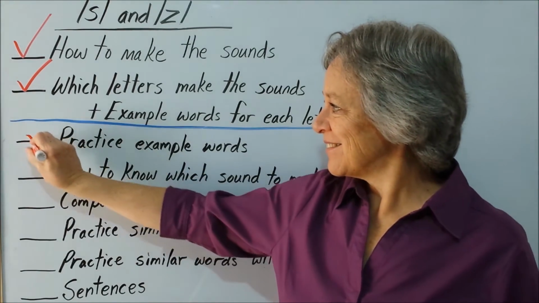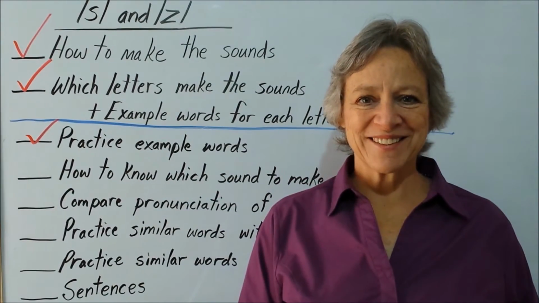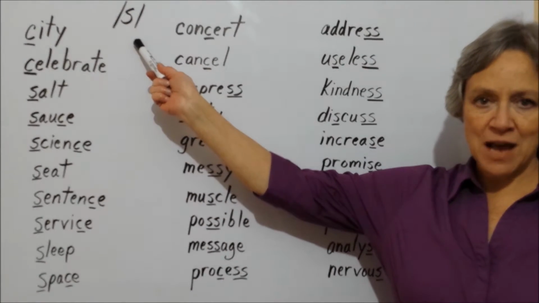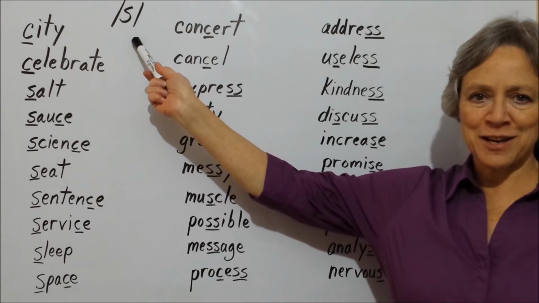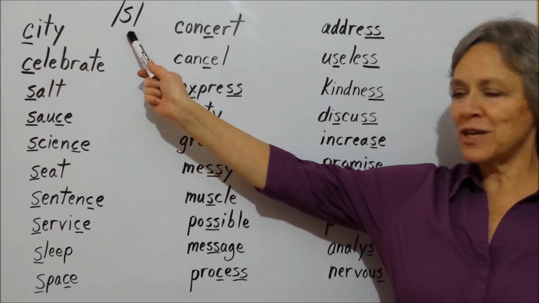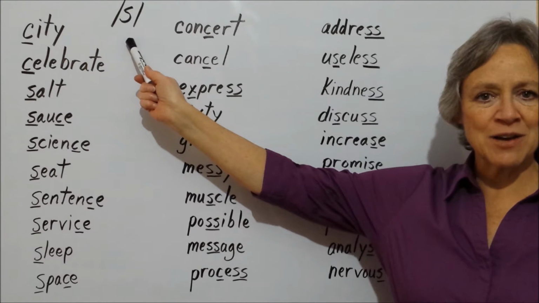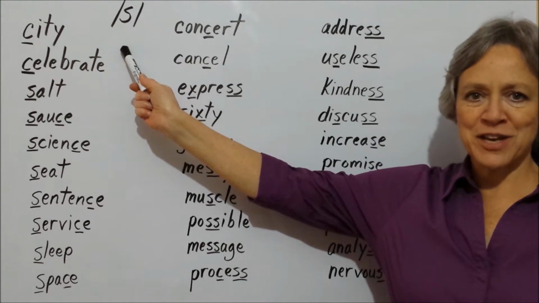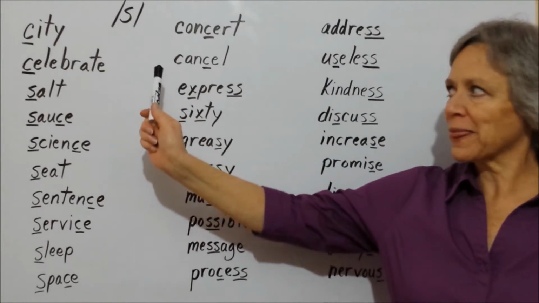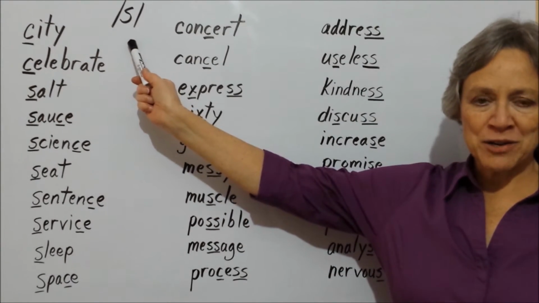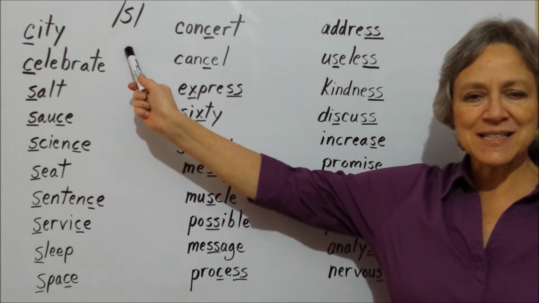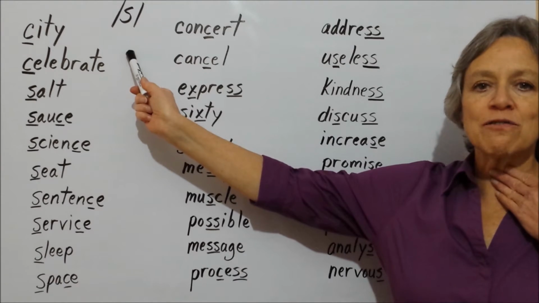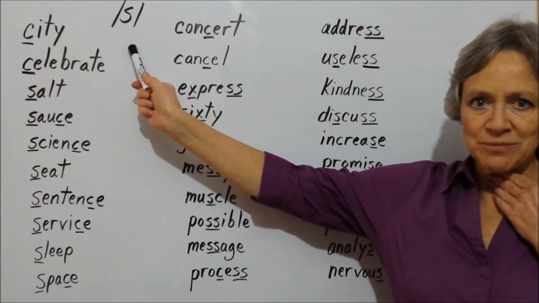Okay? Let's go. Here are some words containing the S sound that I would like you to practice saying with me. If you need instruction on how to make this sound, please see part 1 of my S-Z video. This is part 2. One reminder for you is that S is a voiceless sound, so we do not use our vocal cords for this sound.